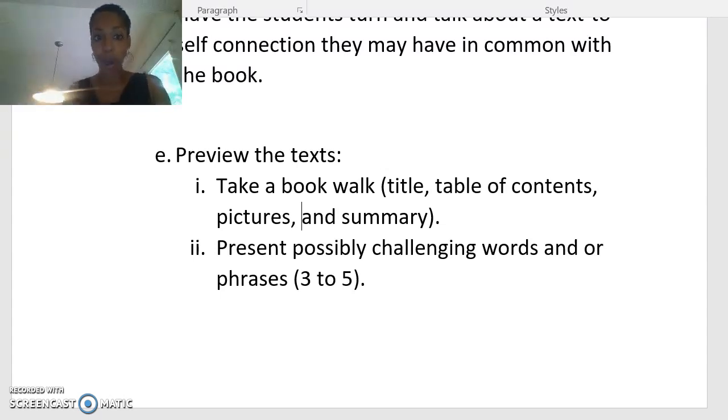Maybe there's a summary on the back of the book if it's a chapter book that explains the book. Read the summary to the students. Get the students ready to read. Get their frame of reference ready for this text.